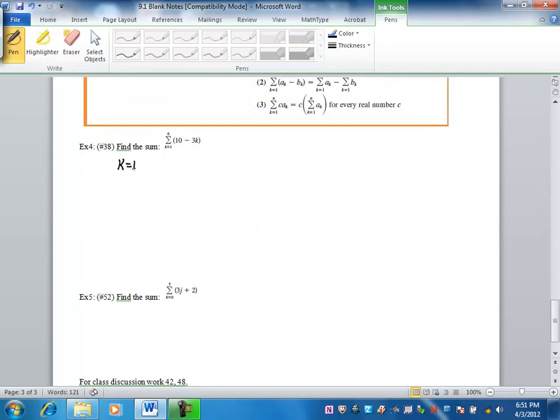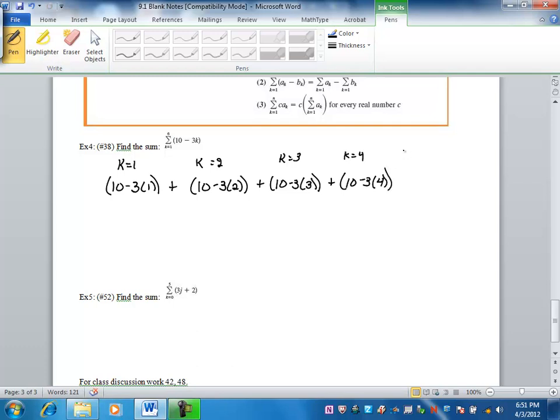If k equals 1, we have 10 minus 3 times 1. Plus, when k equals 2, we have 10 minus 3 times 2. When k equals 3, we have 10 minus 3 times 3. When k equals 4, we have 10 minus 3 times 4. When k equals 5, we have 10 minus 3 times 5.